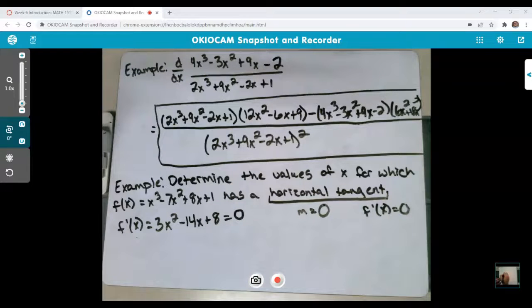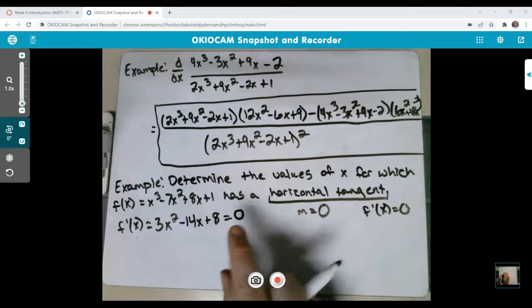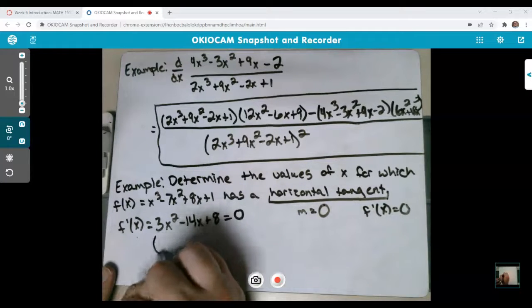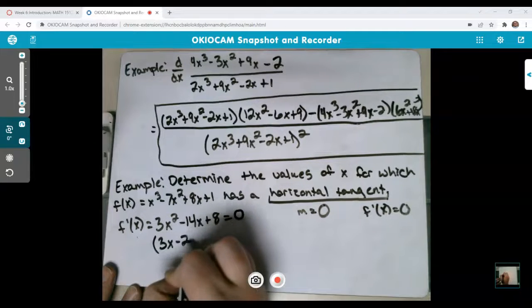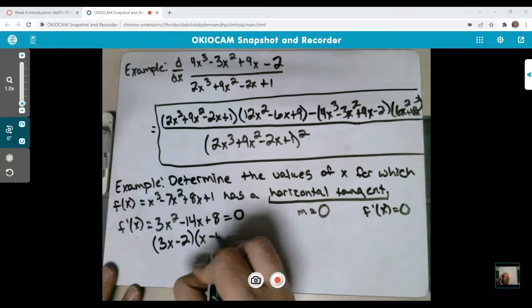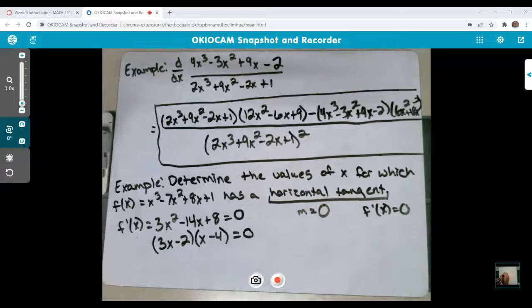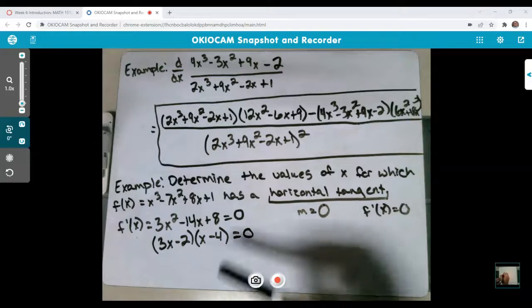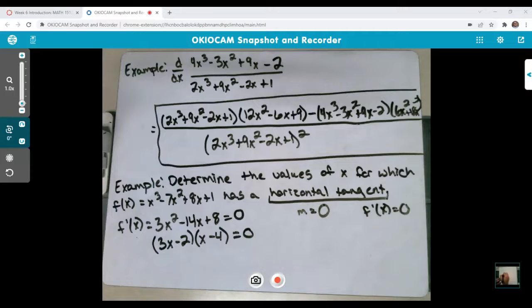So I would try to factor 3x squared minus 14x plus 8. If you were to factor that, you would get 3x minus 2 times x minus 4. I believe we reviewed factoring somewhere in chapter 1. So if you want to go back and rewatch all of that stuff, we reviewed how to find this.